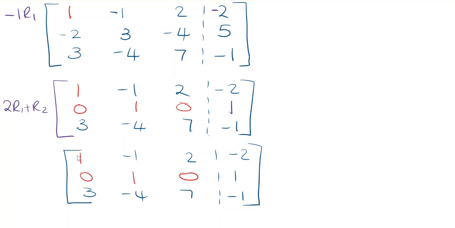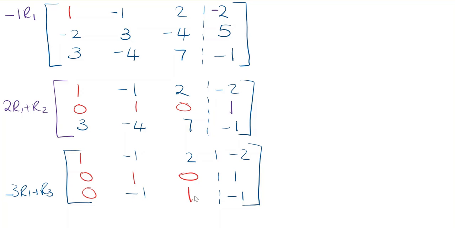If I multiply my row 1 by -3 and then add to row 3, so 3 times 1 is 3, -3 plus 3, this becomes 0. -3 times -1 is 3, 3 minus 3, this here will be a -1. -3 times 2 is -6, -6 plus 7, so this is going to be a 1.